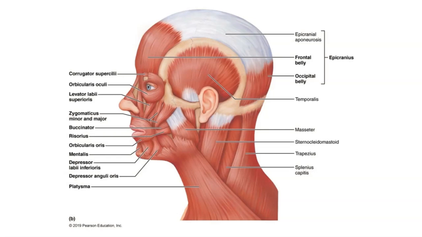The last muscle of the head and neck that we're going to take a look at is this rectangular, strap-like muscle called the sternocleidomastoid muscle. This muscle is named for its origins and its insertions. It originates on the sternum and the clavicle bones, going underneath the platysma muscle here.